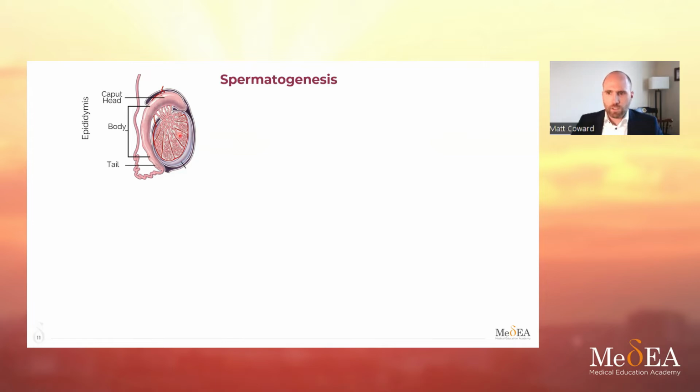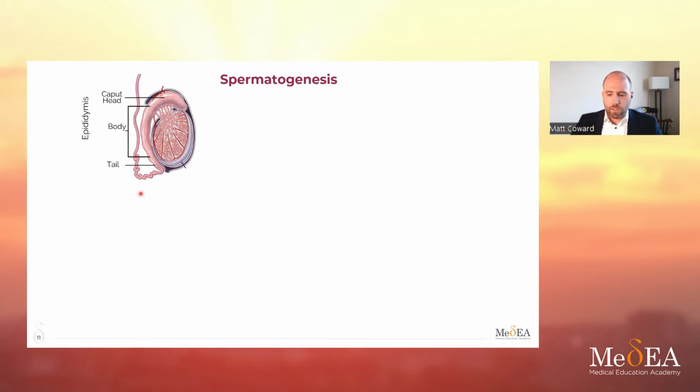Spermatozoa formed in the testis enter the caput epididymis, progress towards the mid portion of the epididymis, and finally reach the tail of the epididymis, during which time they undergo maturation processes necessary for them to acquire important functions, including progressive motility as well as capacitation or ability to fertilize an egg.